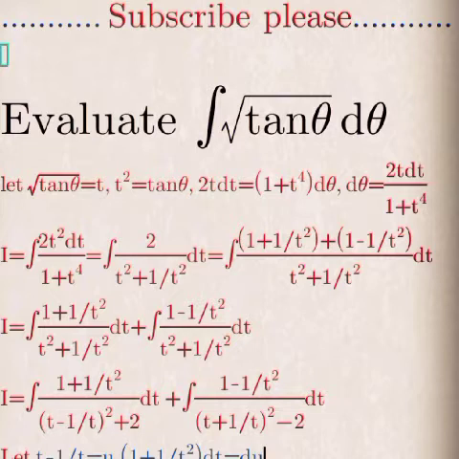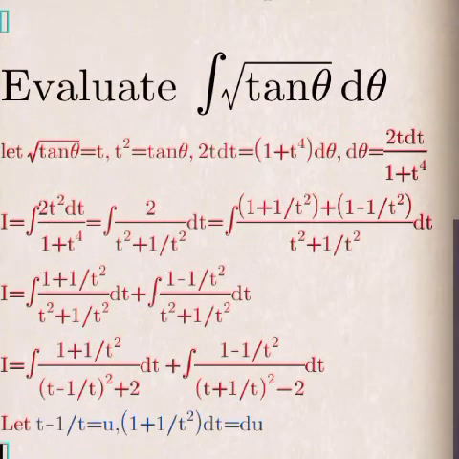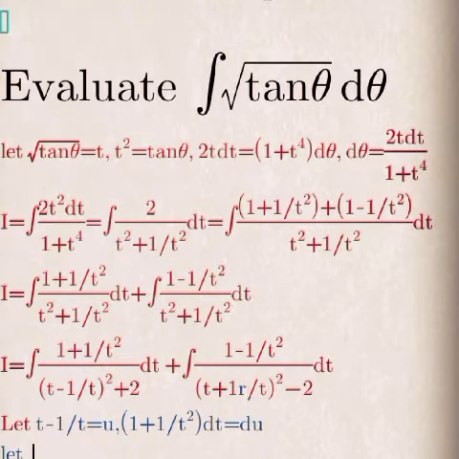And still in the same way, now this one here, which is t plus 1 over t, I'm going to let it be a certain letter like x, such that I differentiate both sides.